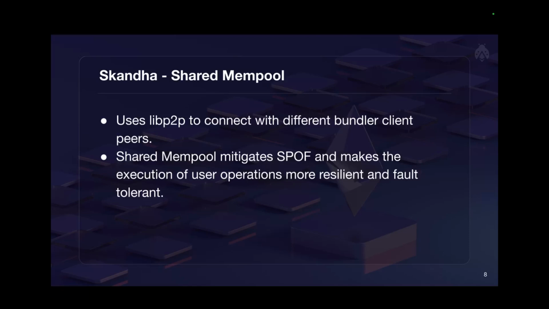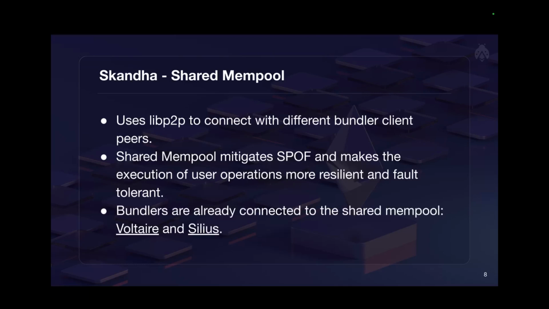The user operations can be relayed to the other connected bundler client peer, and this mitigates the single point of failure and makes the execution of user operations more reliable. We already have a shared mempool with Voltaire and Cilius. So yes, this is already live, by the way.